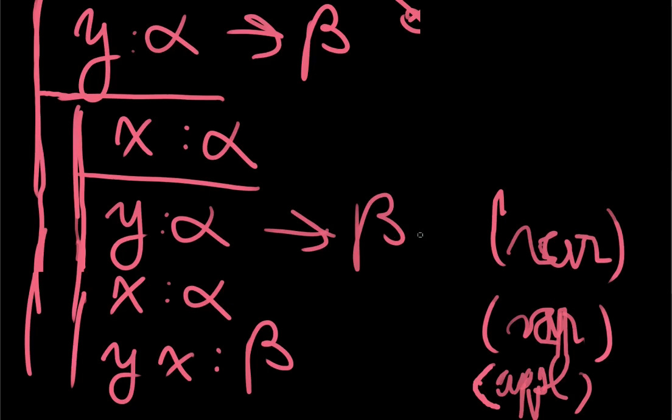Oh yeah. Well, and to be completely clear, you can give line numbers, and you can say, okay, I applied Apple to 1 and 2, right? Then we keep going.